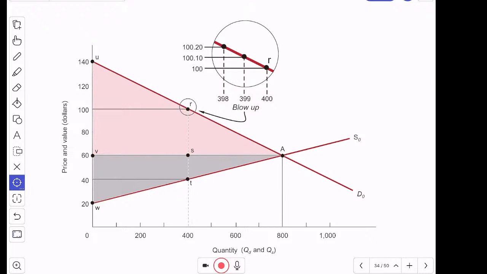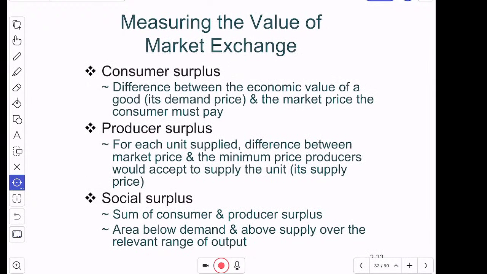Now for all these units before, suppliers were willing to supply at a lower price, but they benefit for each of those units as a whole. There's a benefit that's known as the producer surplus. Okay, and together, these amounts are known as social surplus.